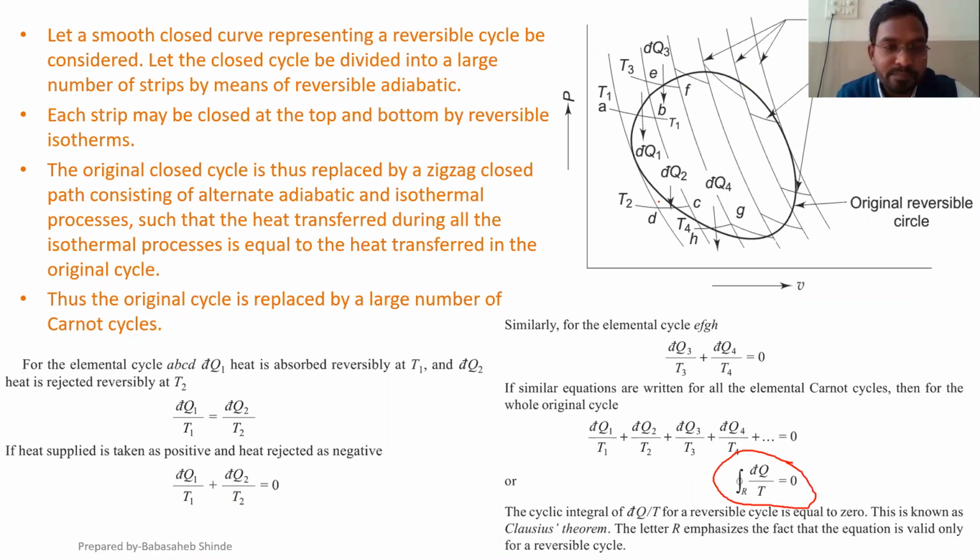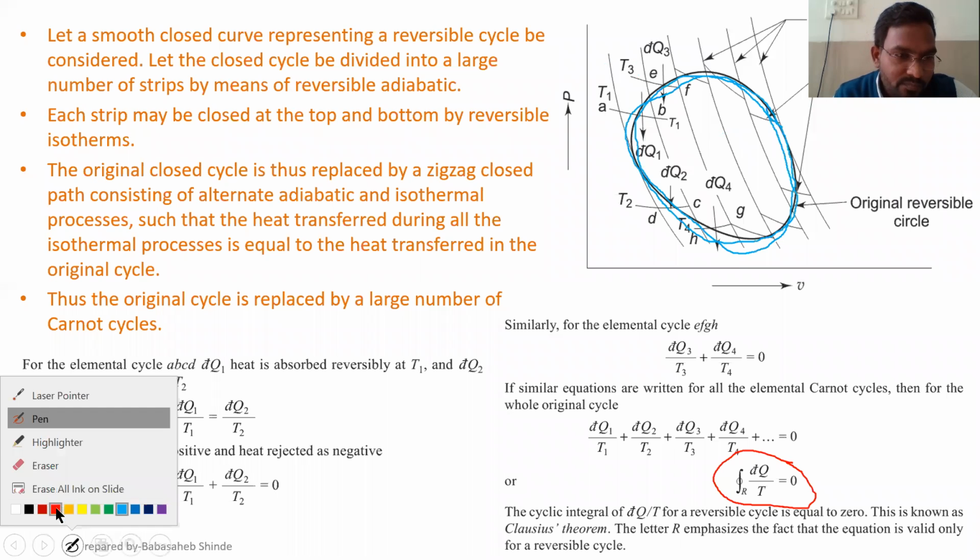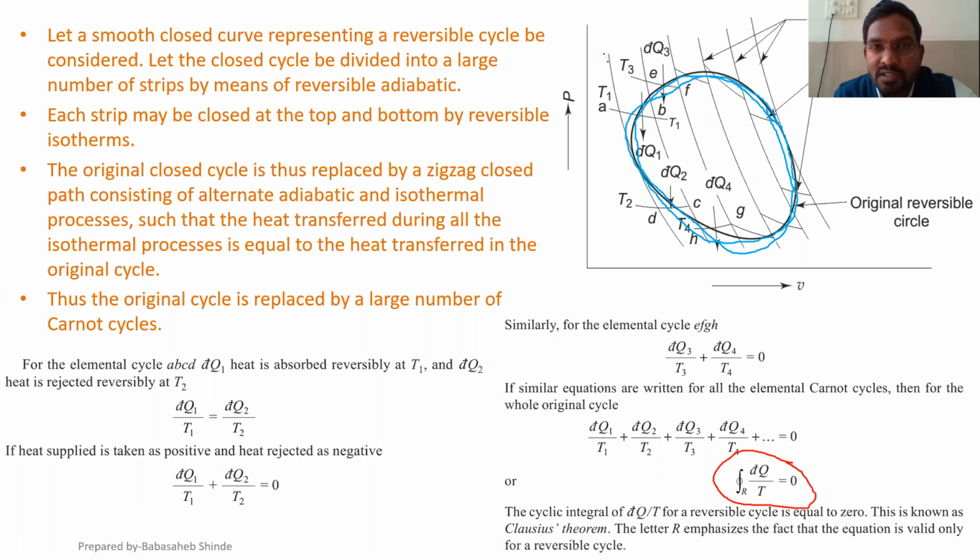Now let's consider there is one process represented by this curve. Okay, this is one process. Now I want to replace this single process by using a zigzag path. So for that I have drawn reversible adiabats, these inclined lines.